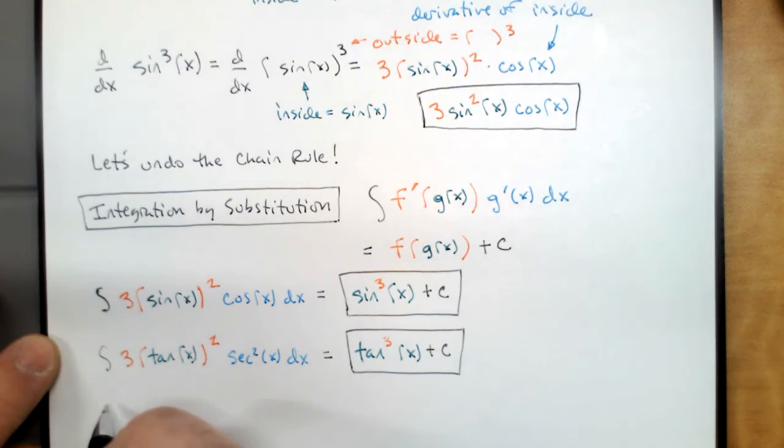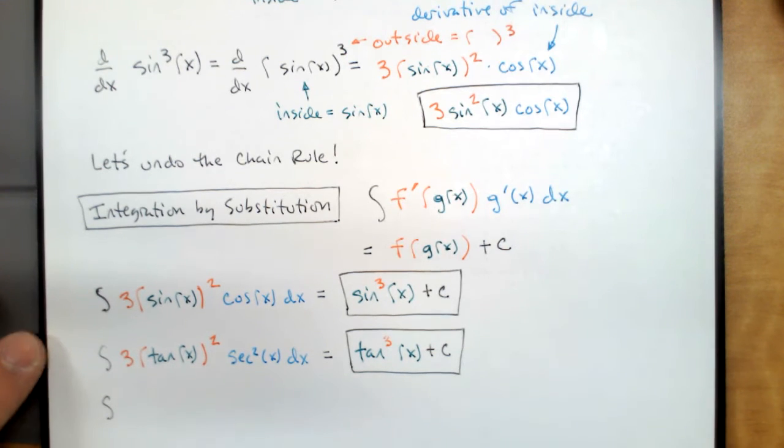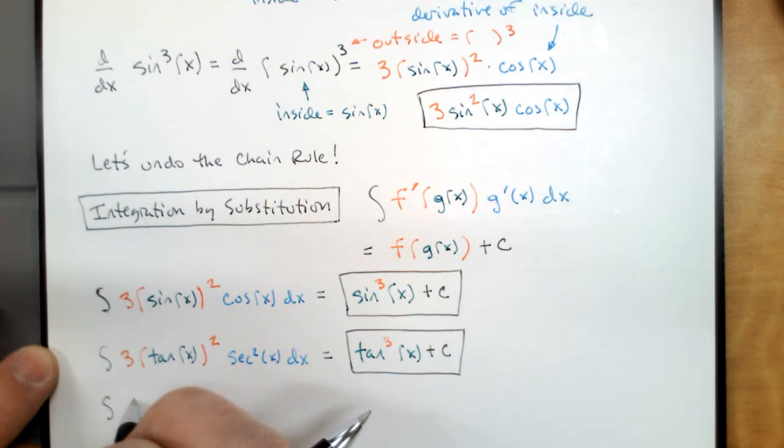so let's suppose I wanted to integrate, instead of 3 tangent squared x, I just had tangent squared.